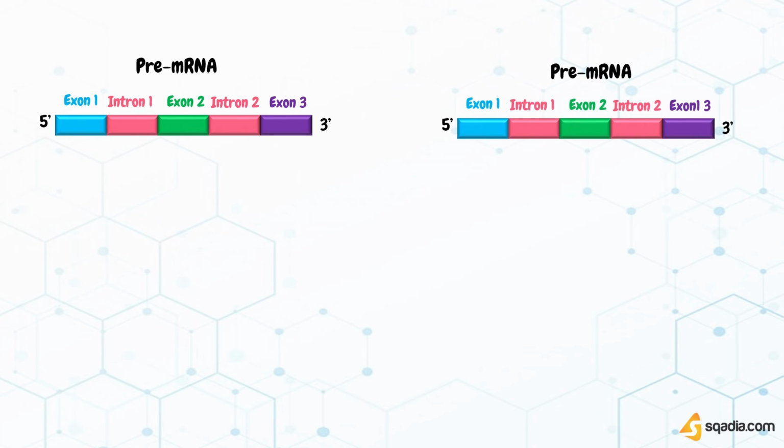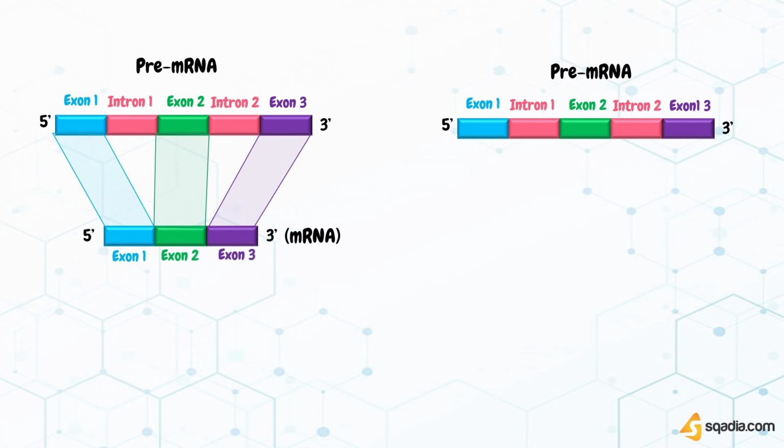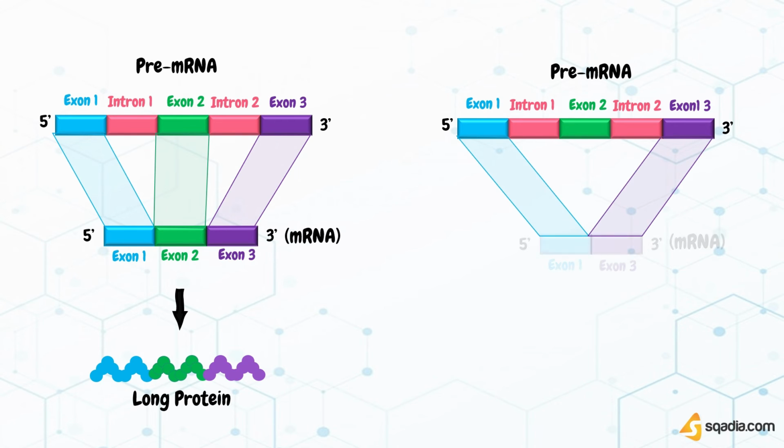In the first, which is the more standard pathway, 2 introns are spliced out, and the 3 exons are joined together, and a long protein will be produced. In the second pathway, 2 exons are joined together. The second exon is excluded, as if a single large intron is spliced out.